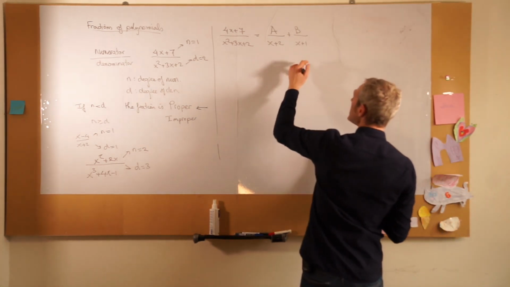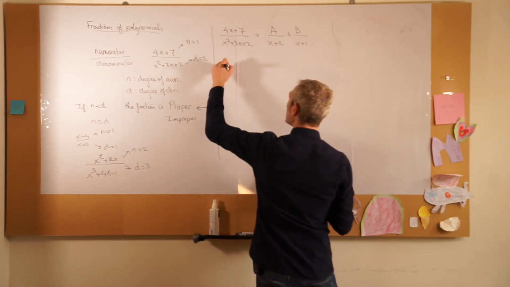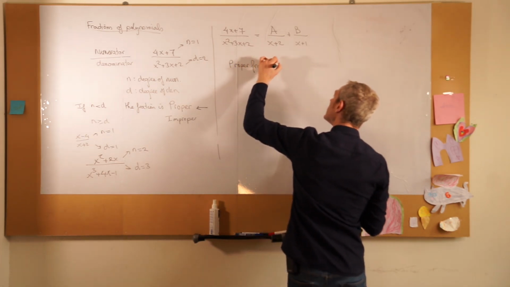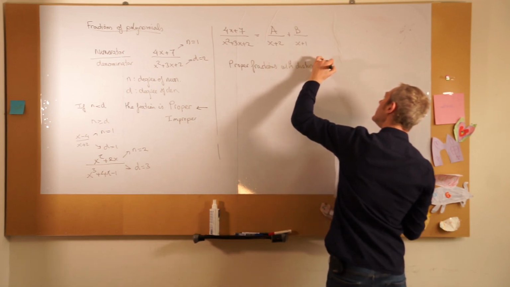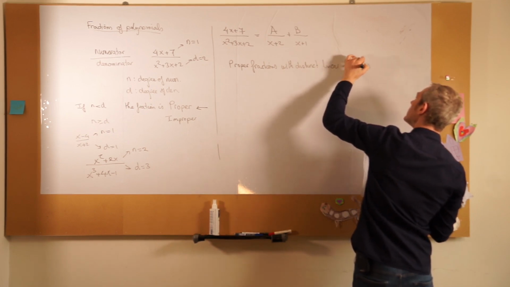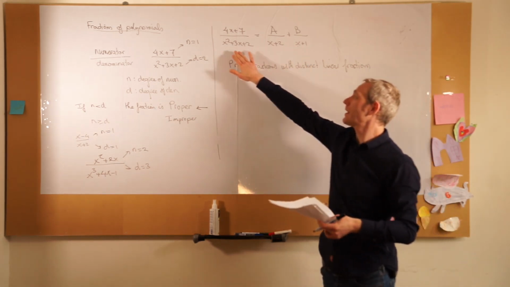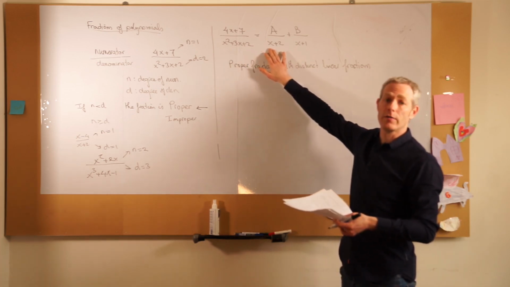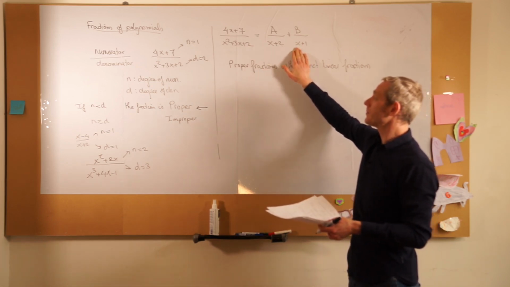Well, this happens to be an example of a proper fraction with distinct linear factors. These two are the factors of the denominator. They are linear because the highest power of x is only 1, and they are distinct because these two are not the same.